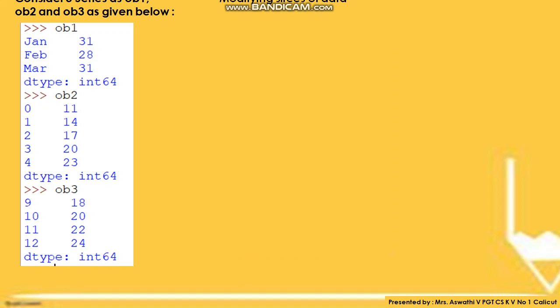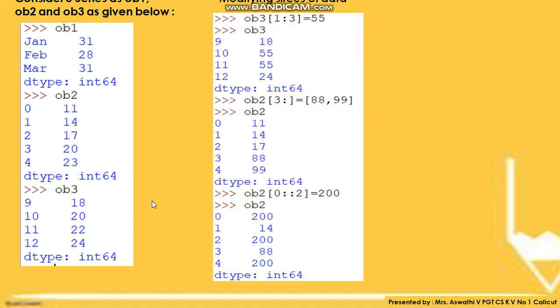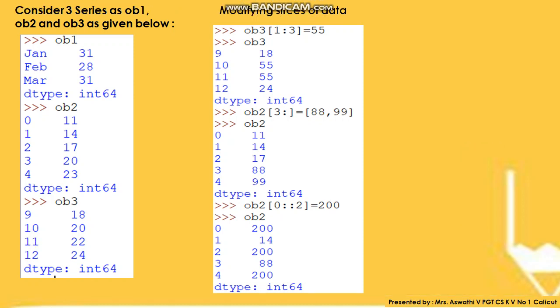Again, look at the same example series that we have taken here. Now see this example using slices, how do we change the data? OB3 1 colon 3. Can you say which will be 1 colon 3? It starts with the 10, isn't it? This is the 0th position, this is the first position, and 3 is the stop index, so the last value will not be taken.